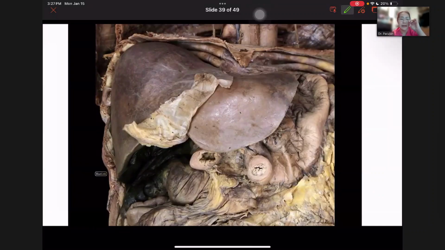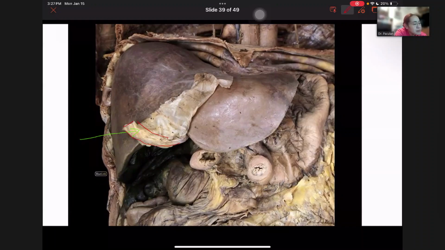What is that? This one. Green. Red. What's this? Falciform.